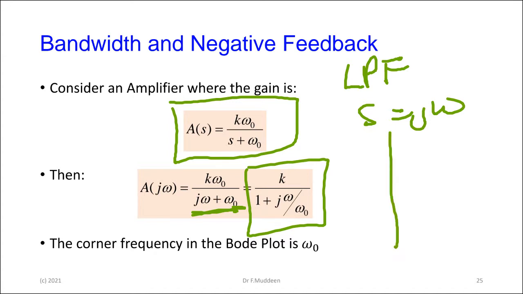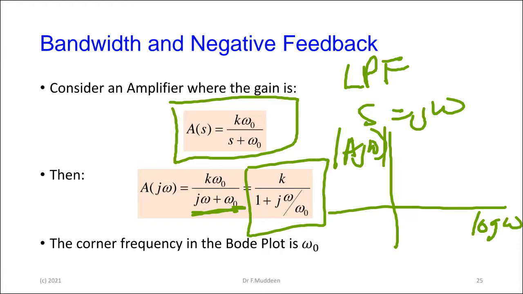So if I were to plot the frequency response, this is log ω, and this is the gain, in decibels, of course. If I were to plot that, the corner frequency, of course, is ω0. So once ω is much less than ω0, the gain is 20 log K, whatever that is.